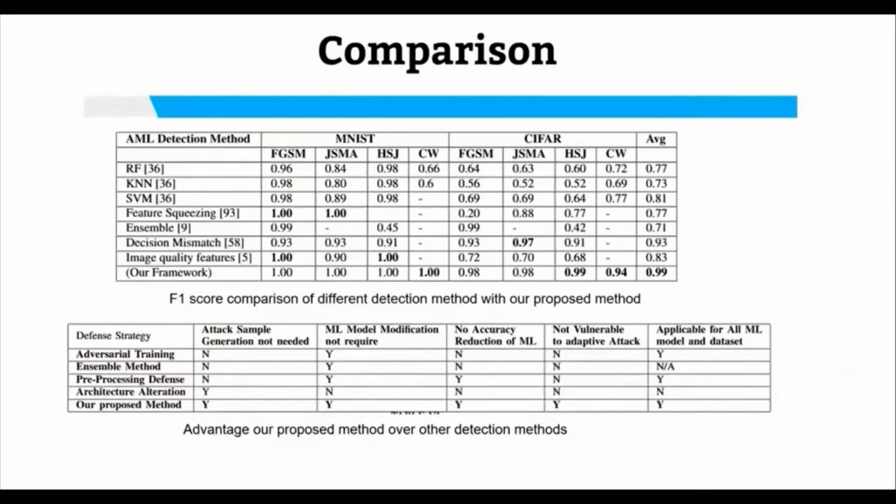Our methods are effective, and we don't need to change any architecture of the ML model. We are completely considering the ML model as a black box. And we don't need adversarial training, so there is no reduction of the ML model accuracy either. And our model is not an ensemble method, which is computationally expensive. So that's also a good point for our model.